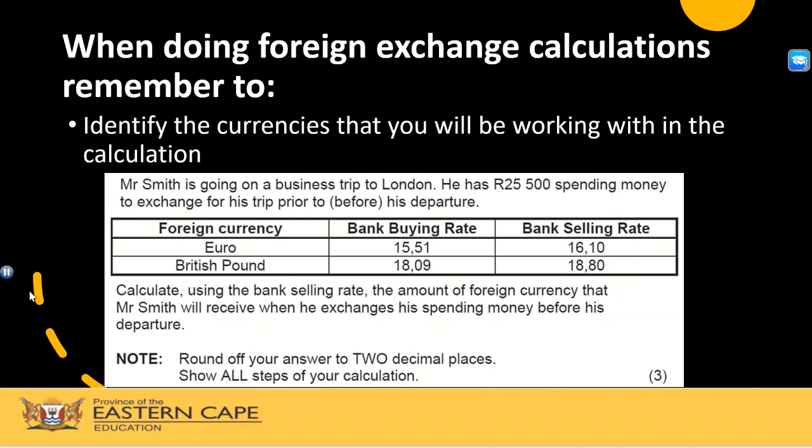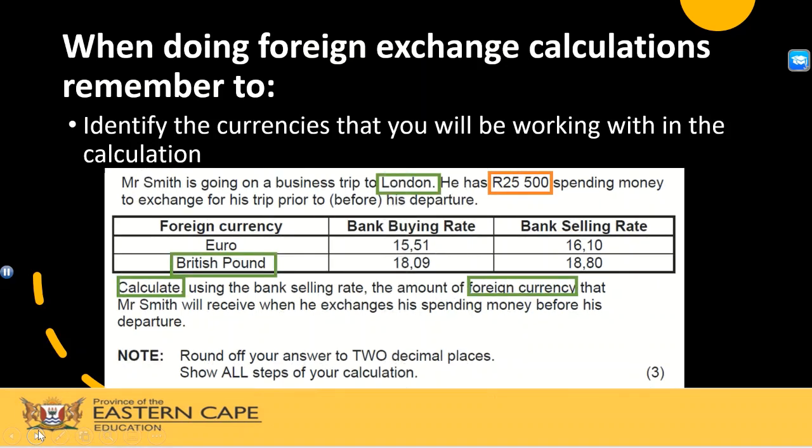So when you look at the instruction that tells you to identify the currencies that you will be working with in the calculation, in this particular case, we will be working with South African rand and British pound. Now let me show you on the screen at the moment, you have the word calculate, which is your instruction.